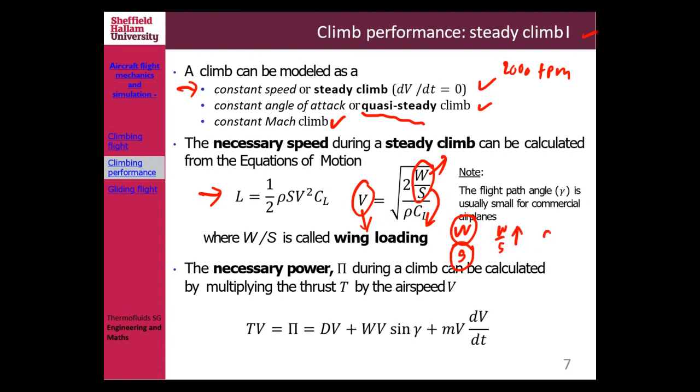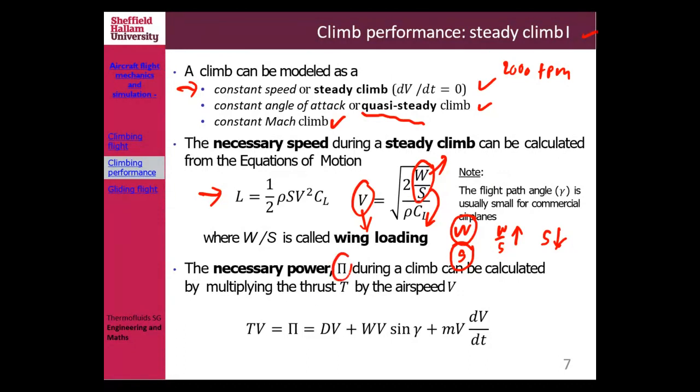Wing loading will increase if S goes down, at any particular given weight of your aircraft. That's why in your constraint analysis, you want your thrust to weight ratio going down, but you want your W over S going up, as high as possible, but obviously within your design space.